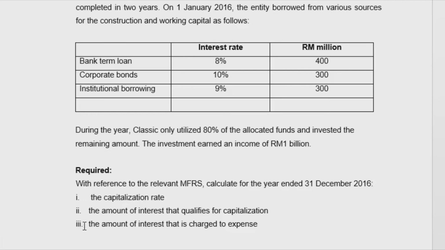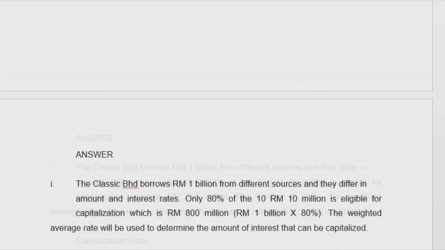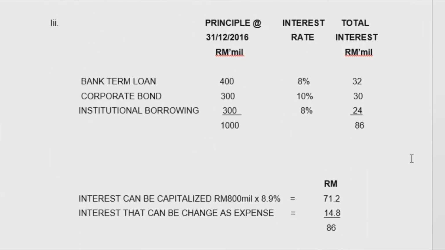For the third question, we need to find the amount of interest that is charged to the expense. First of all, we need to find the total interest. To find the total interest, we need to find the amount for each loan, then multiply it with the interest rate.